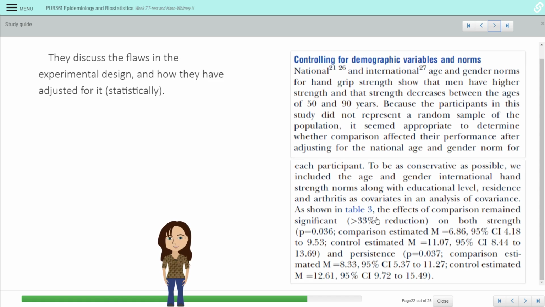The effect of the comparison remains significant. So they say even if they try and adjust for these things that are potentially wrong with their study, it still looks like there is a significant effect. So that's part of, in this case, because they've done more testing, that's part of the results section. But if they were discussing more generally about the implications of their study, then it would belong in the discussion.